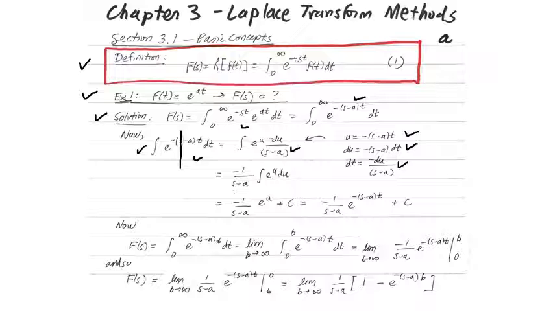So I pulled out minus 1 over s minus a. Then I just have this integral, which we can do immediately and get this, and then we go back to write that as a function of time, which is our original goal. So that's the antiderivative that we need.